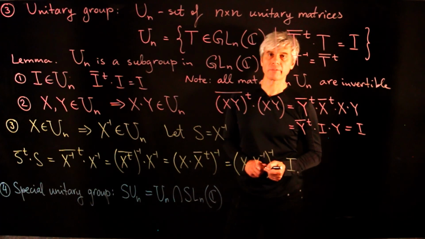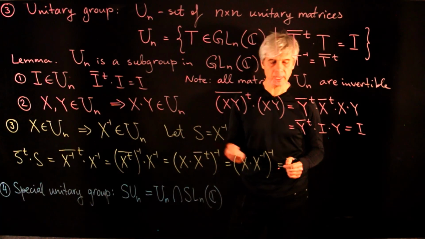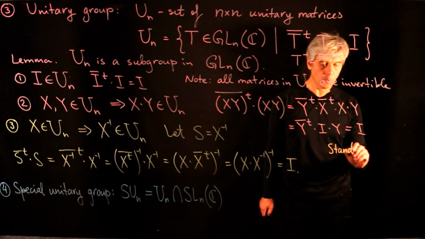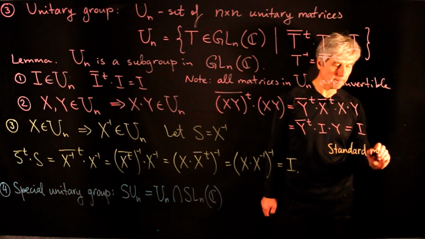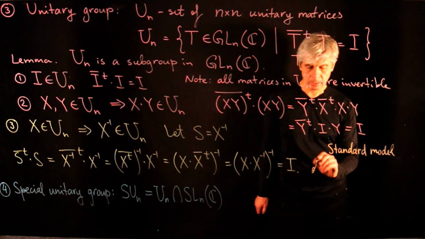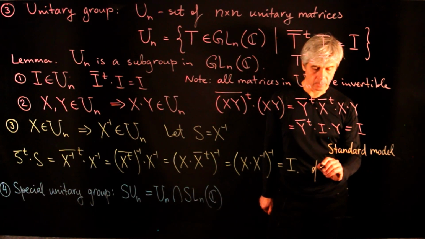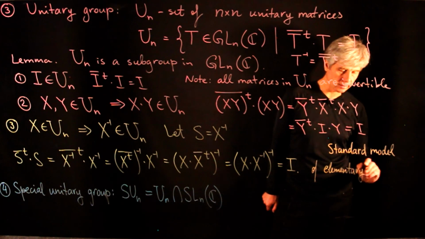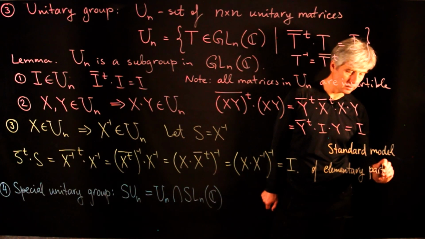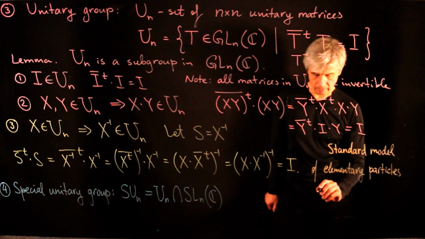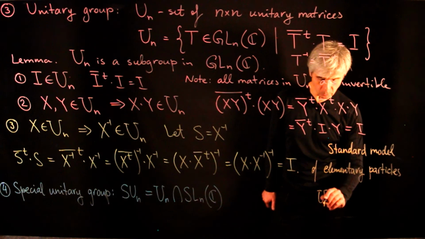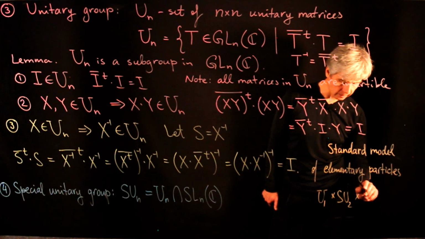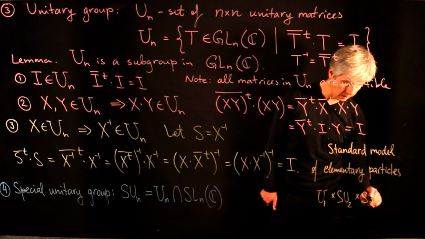Unitary groups play a very special role in quantum theory. And just as a side remark, I wanted to mention that the standard model of elementary particles is based on unitary groups. So if we want to classify elementary particles, then the group that we need is U1 cross SU2 cross SU3.